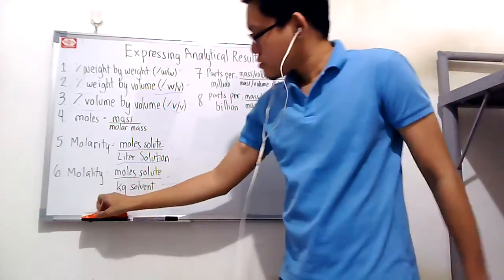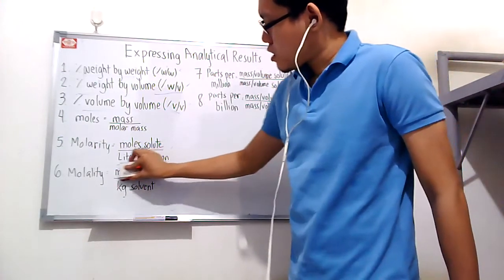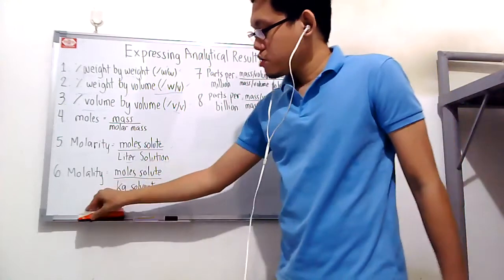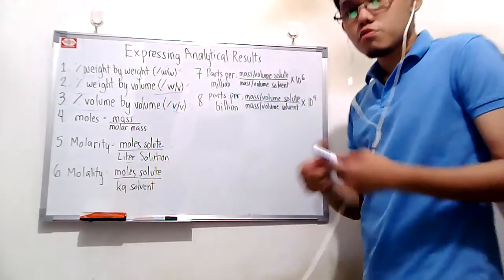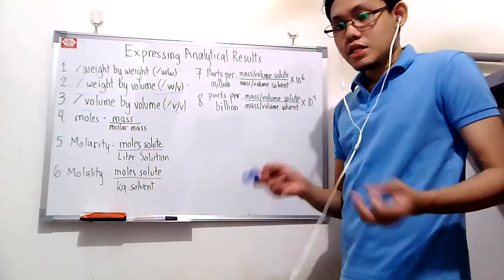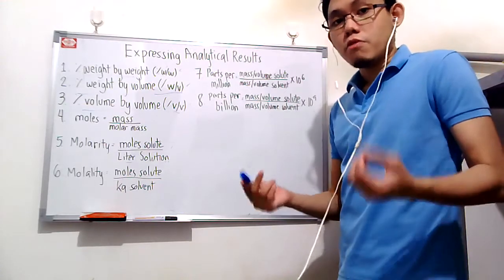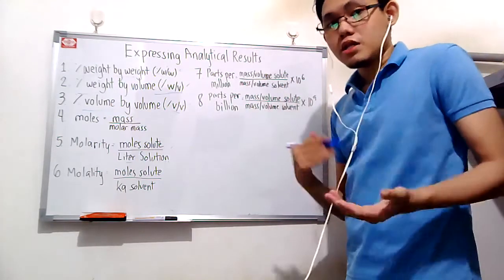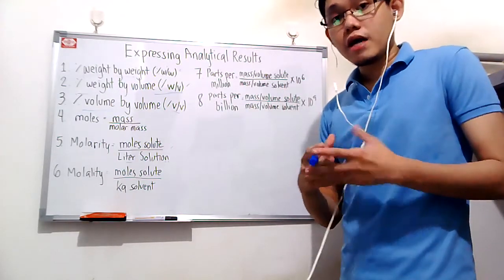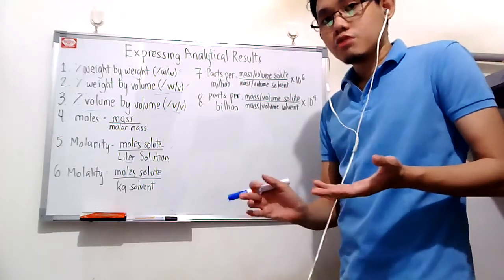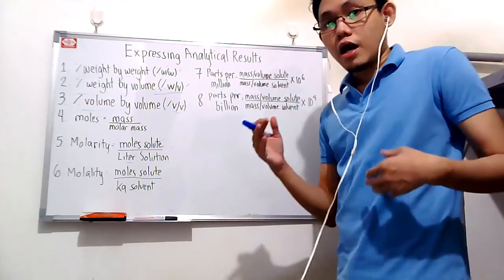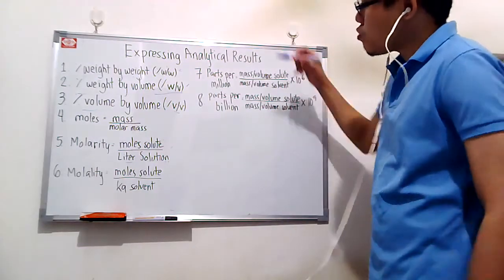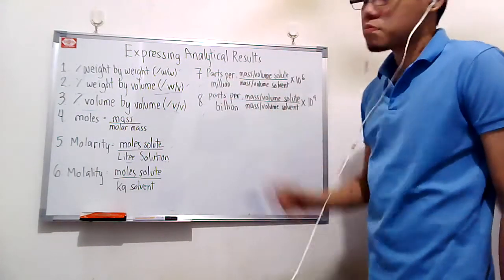In large volumes, or in situations where your analyte is a very small amount compared to your system, this is important in the analysis of, for example, heavy metals, which are dangerous to health and aquatic wildlife. So you have these two: parts per million and parts per billion.